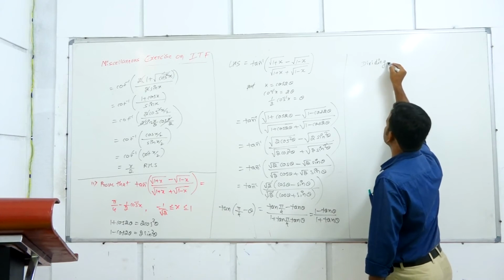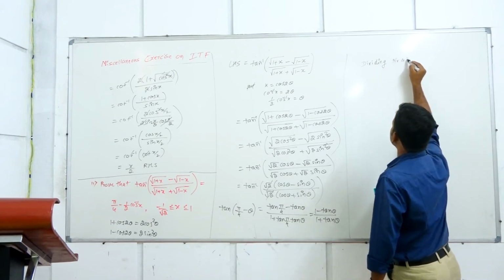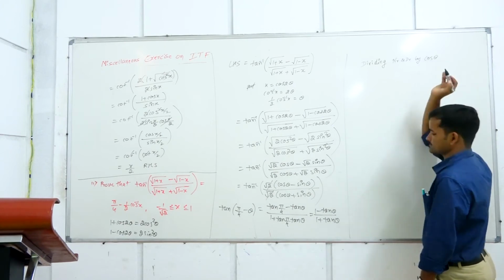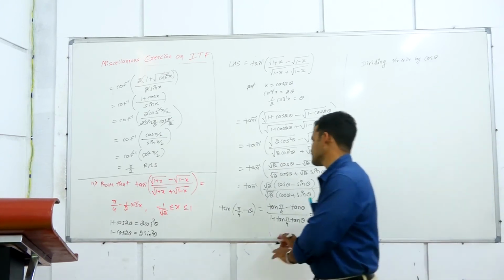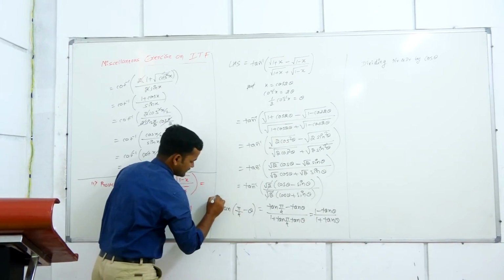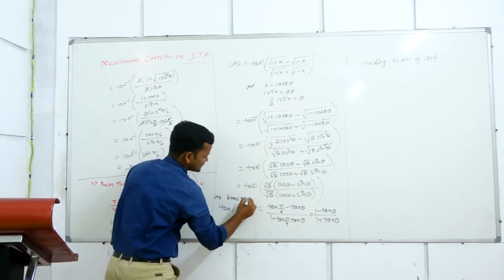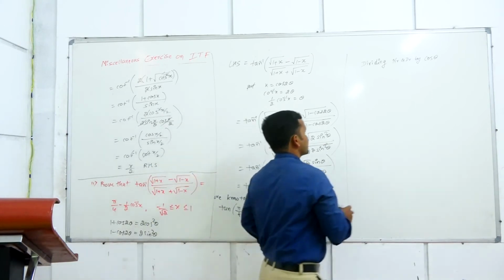Dividing numerator and denominator by cos theta. This is just the formula I have written. We will write here. We know that this is the formula. Okay.